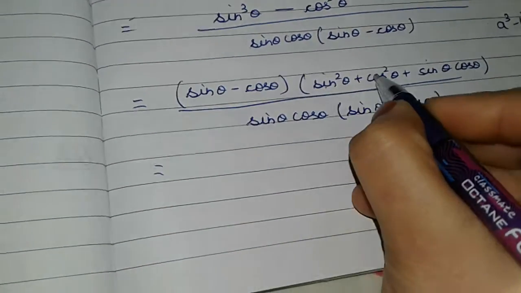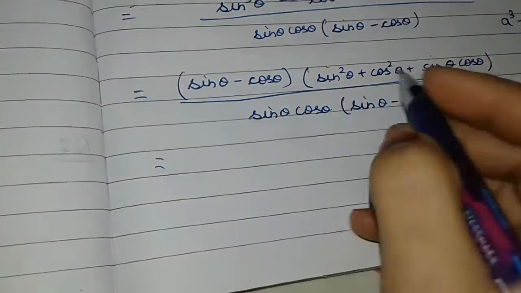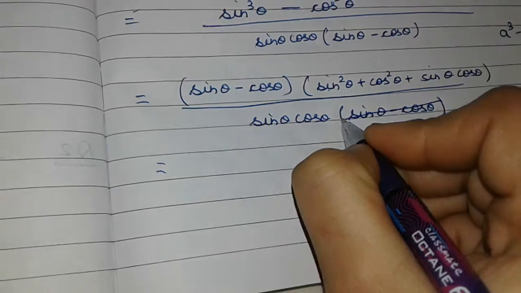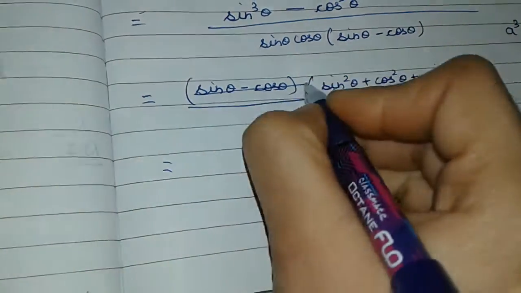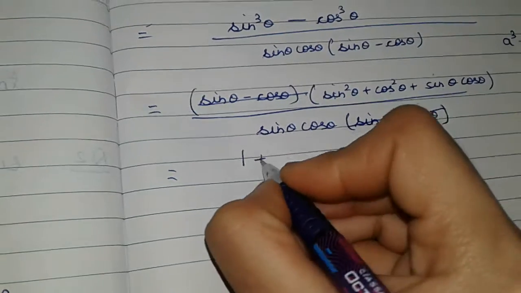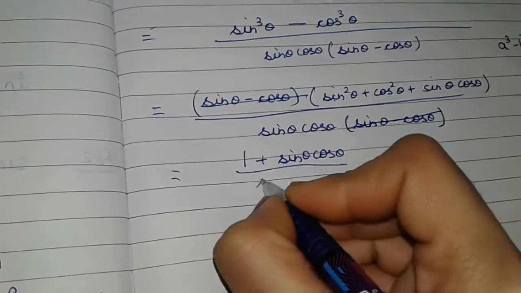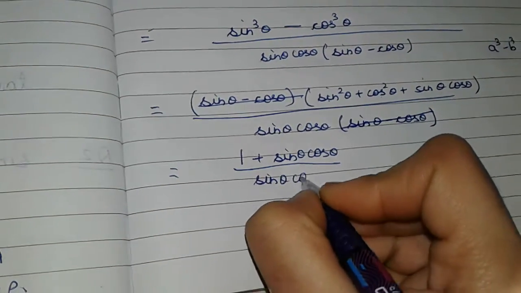Now sin square theta plus cos square theta will be 1 and this sin theta minus cos theta will be cancelled out with the sin theta minus cos theta in the denominator. Here it will be 1 as it is an identity, (1 plus sin theta cos theta) upon sin theta cos theta.